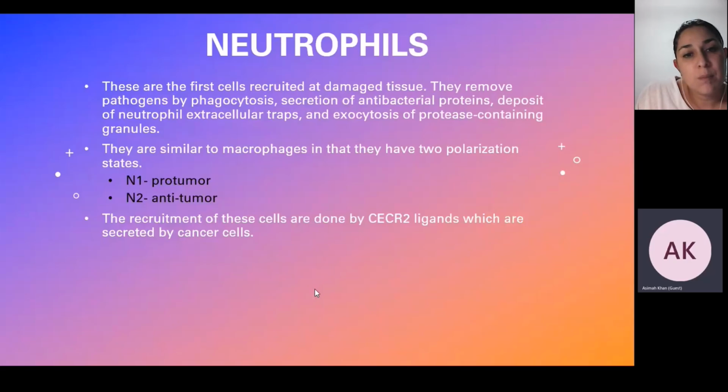They also have two polarization states, N1, which is pro-tumor, this aids the cancer cells, and N2, which is anti-tumor, which destroys the cancer cells. The recruitment of these cells is done by CXCR2 ligands, which are secreted by the cancer cells.